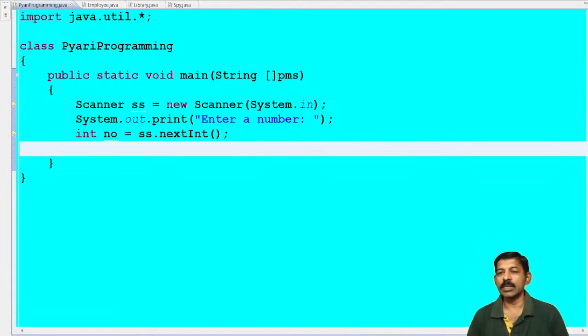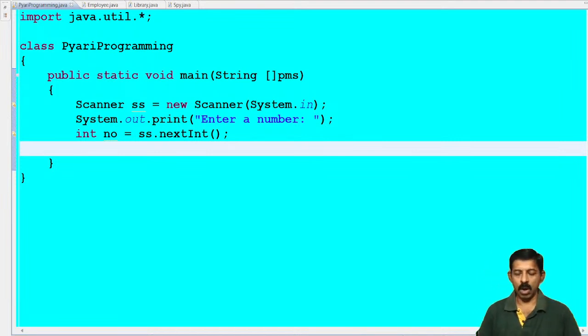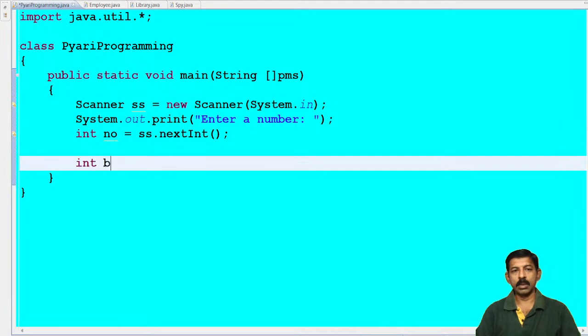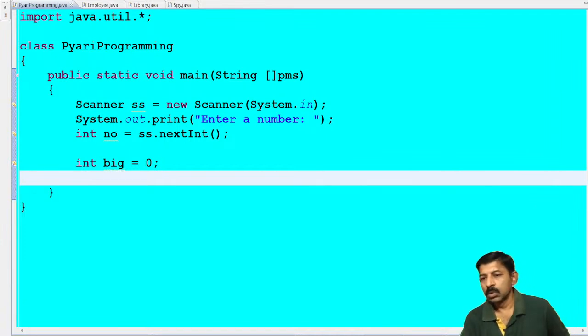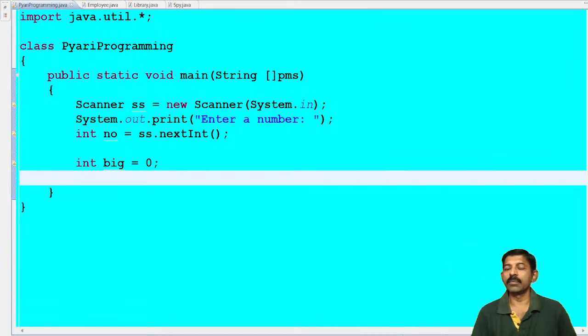If you don't have any idea, say no idea so that I will proceed. Big is equal to 0. Swastik says that big is equal to 0. How many of you are convinced with this? I want to find out the biggest value and the smallest value, both. Only big is equal to 0 is enough?